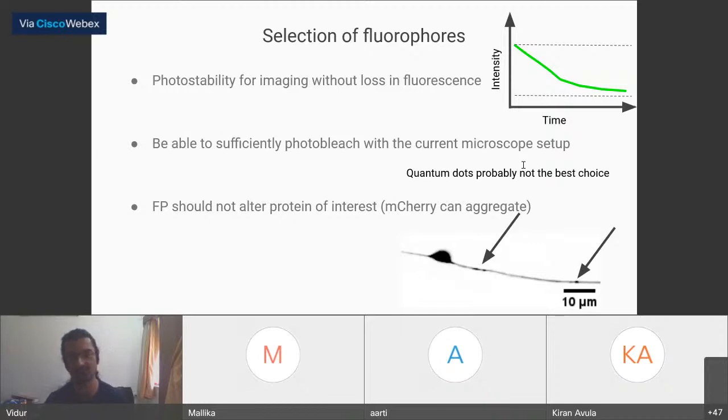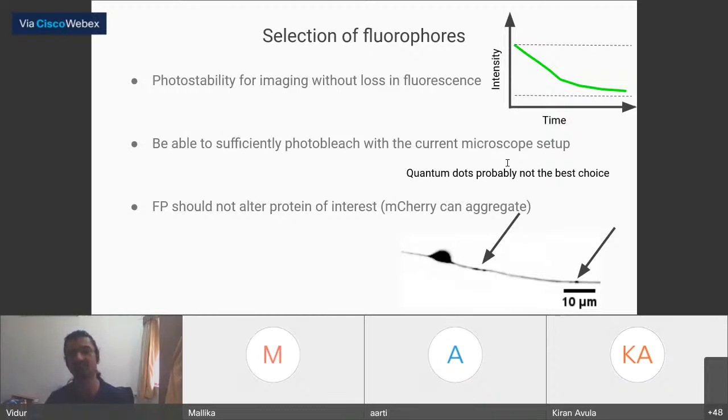GFP does a brilliant job. mCherry does undergo a lot of blinking kinetics, so at very small time scales, mCherry may not do a good job. mScarlet does a good job at very small time scales. If your time scale is much larger, let's say around 10 to 20 seconds, then you can sort of average out the blinking effect of the fluorophore. So it's not that big a deal if your kinetics are slow.